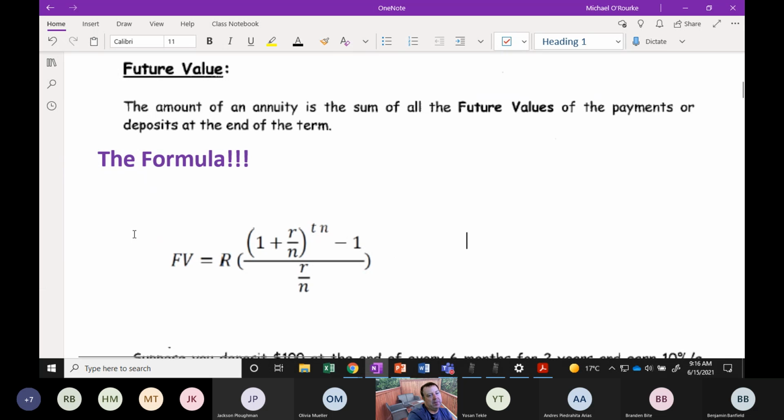Here's the formula for future value of an investment. So this would be a question like, how much will I have in 10 years if I invest like $50 a month? Okay. This is the formula we're going to use.